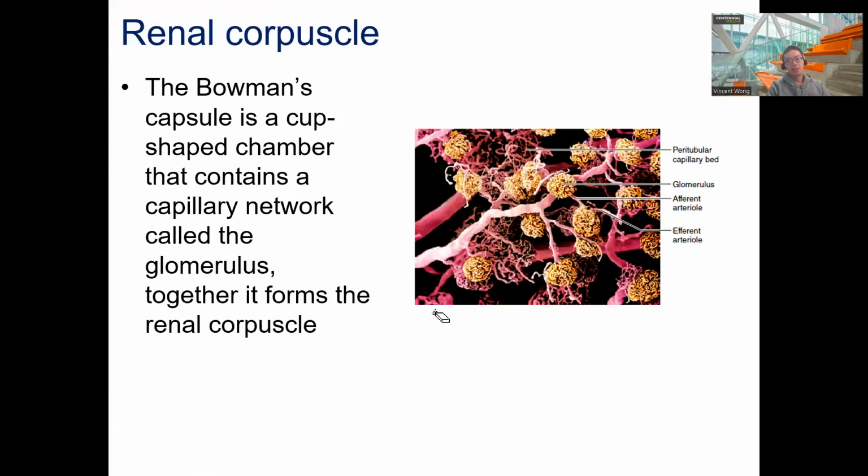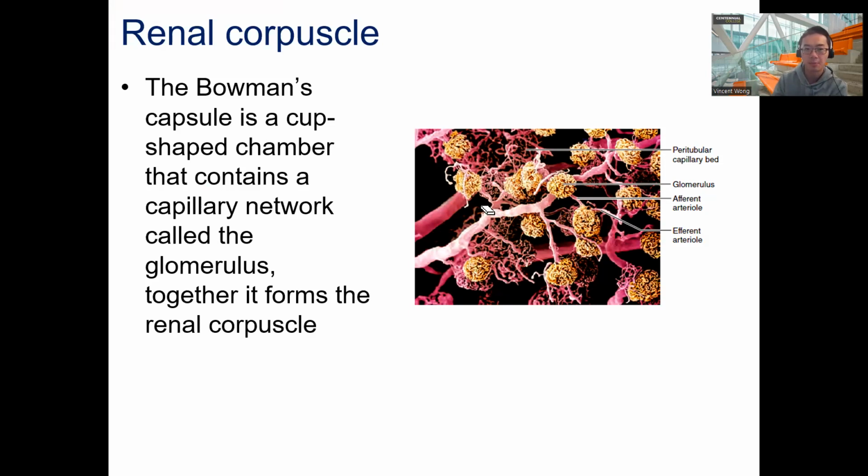So here is a picture of the glomerulus. Actually, the Bowman's capsule has been dissolved away. If the Bowman's capsule were still there, you wouldn't be able to see the glomerulus, because the glomerulus is encased within the Bowman's capsule.